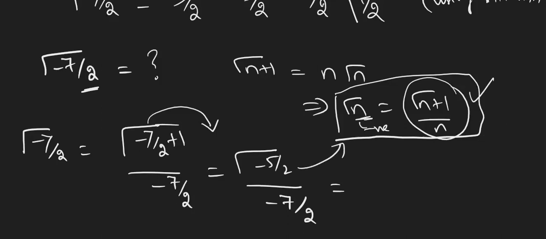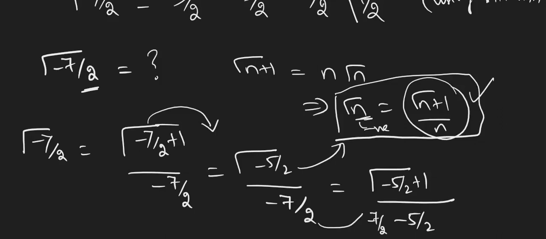So how will I write? Gamma of minus 5 by 2 plus 1 by minus 5 by 2. Already the 7 by 2 is there, so again I am writing this existing value. Minus 5 by 2 plus 1 is nothing but minus 3 by 2. So this minus and this minus will become plus, 7 into 5 by 4.